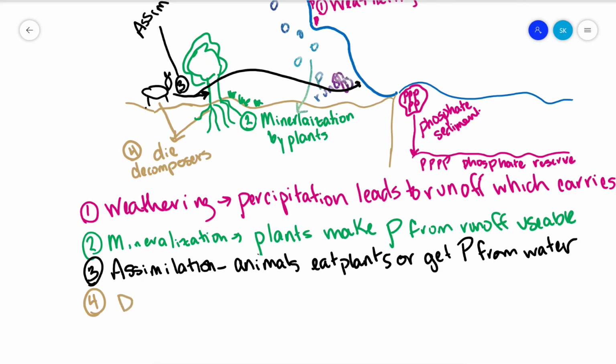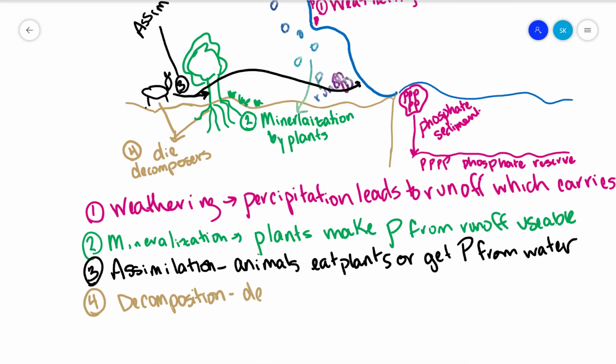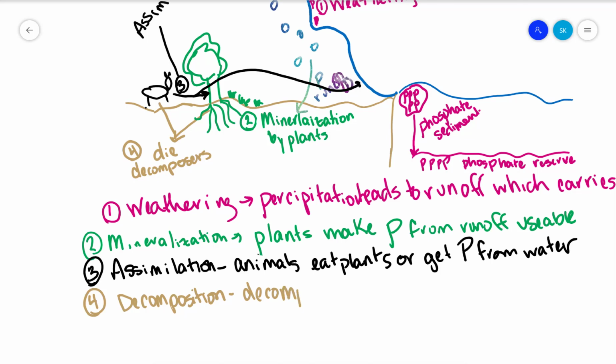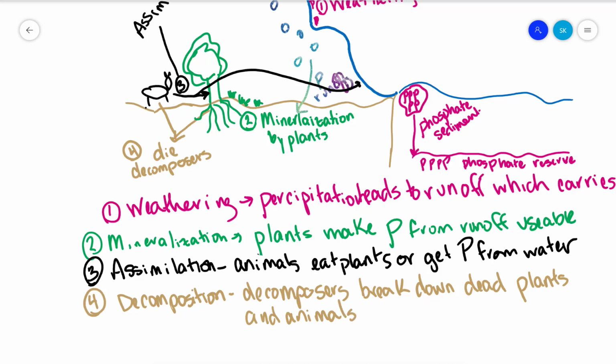So this is called decomposition, where the decomposers break down the dead plants and animals and put phosphorus back in the soil.